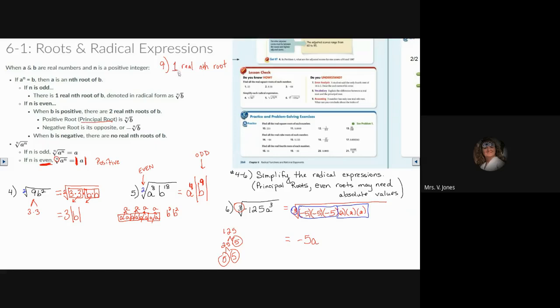They're saying that you just have one answer basically. You took whatever root it is, and you got one answer. So what do you know about your n? Well, if you only got one real root, then that means n had to have been odd. So that n had to have been odd for you to have one real root.